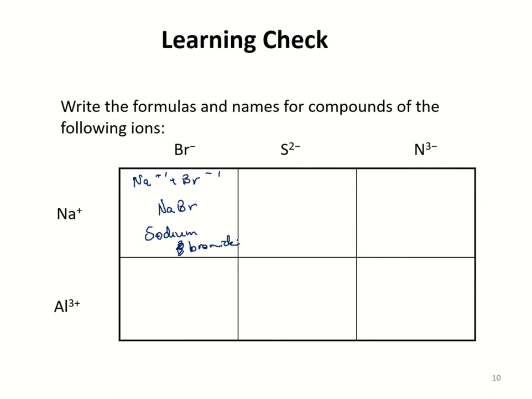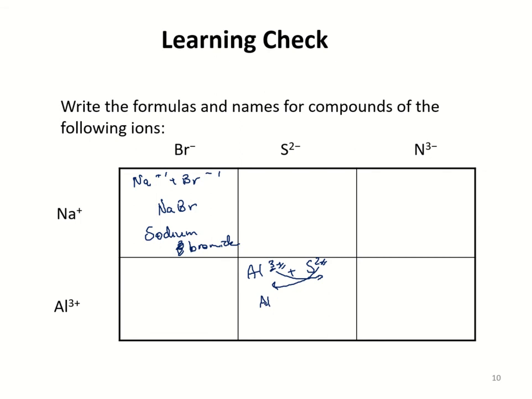If we have a slightly different number, let's say we use aluminium here, aluminium 3+, and we get sulfur 2-. If they're different, get rid of the plus and minus signs and you swap them over to the opposite bottom parts of that formula.